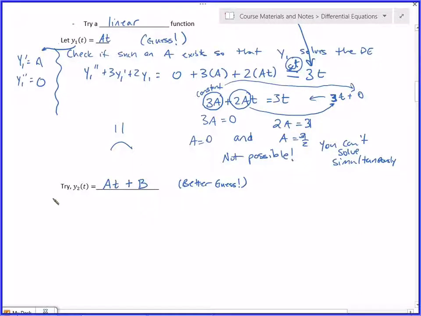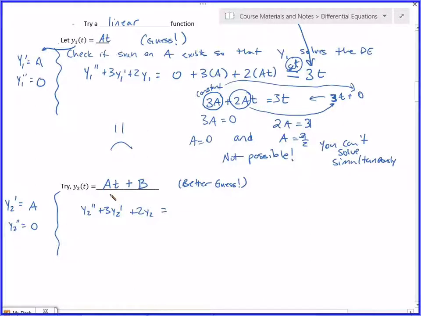So let's try it. Again, now what's y2 prime? It's actually still a, and y2 double prime is still 0. So now we plug it in, y2 double prime plus 3y2 prime plus 2y2.